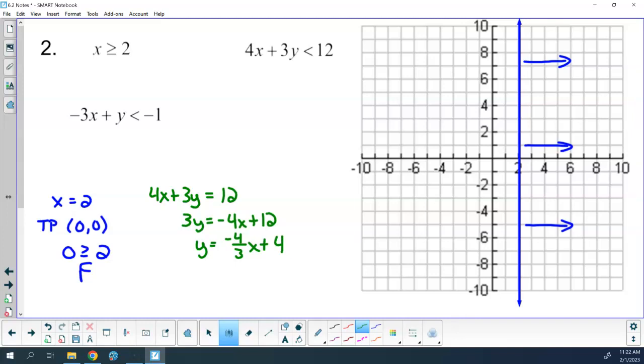That's a y-intercept of positive 4, a slope of negative 4/3, so I would go down 4 and right 3. Or I could go up 4 and left 3. That one is going to be a dashed line.